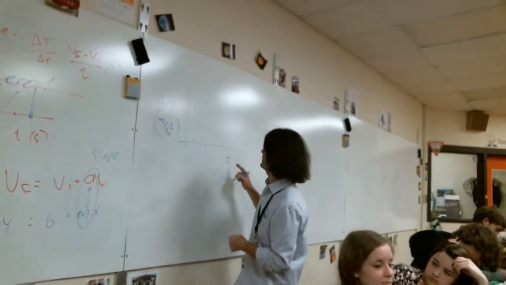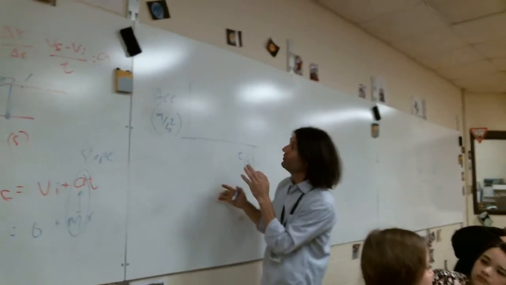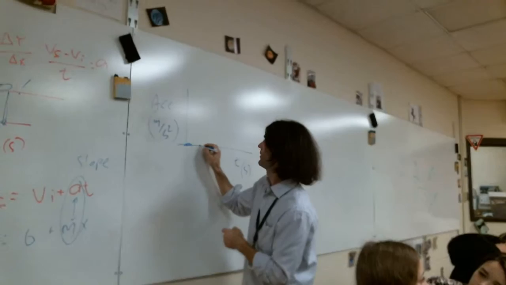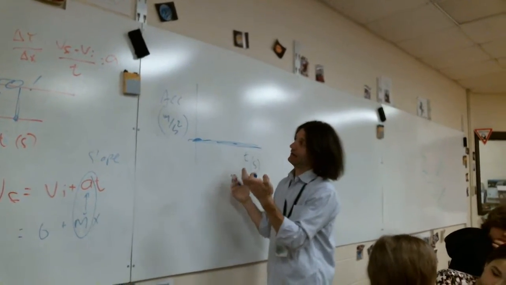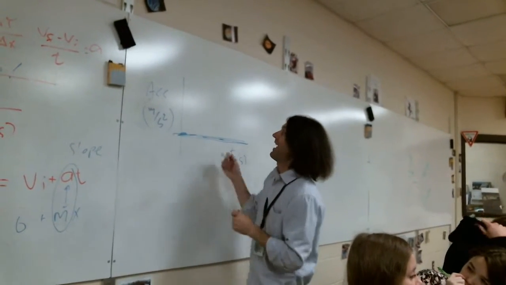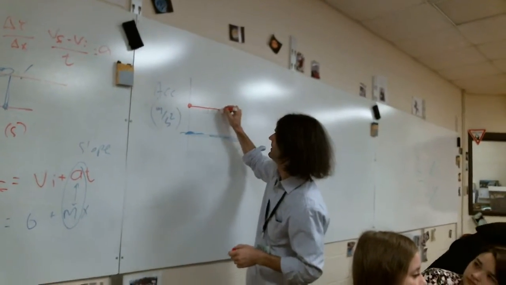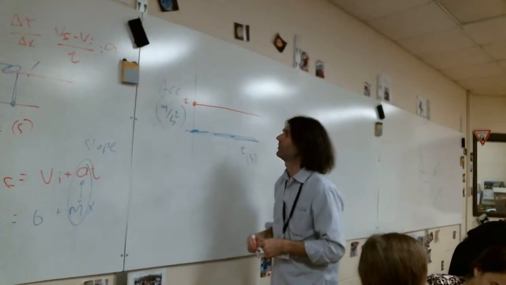That's the acceleration. Time is still in seconds. If you're moving with a 0 acceleration, this graph would just be a flat line at 0. That makes sense. But what if we are accelerating at a constant rate? Let's pretend we're accelerating at, I don't know, 2 meters per second squared.